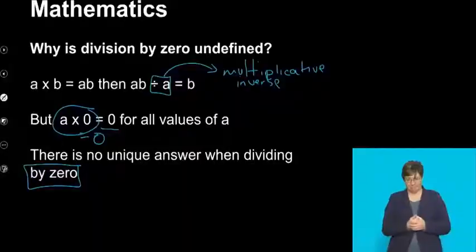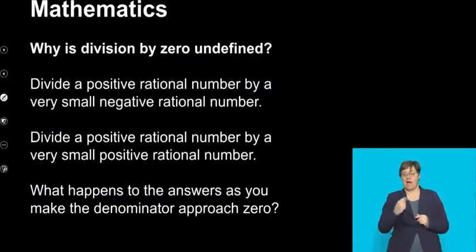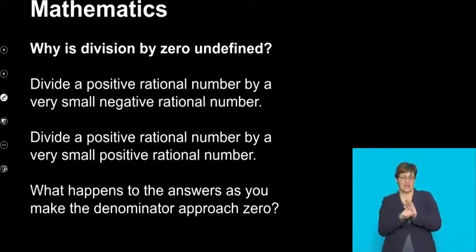So another way of looking at this, which is what we are going to do together: firstly, we're going to divide a positive rational number by a very small negative rational number, right?